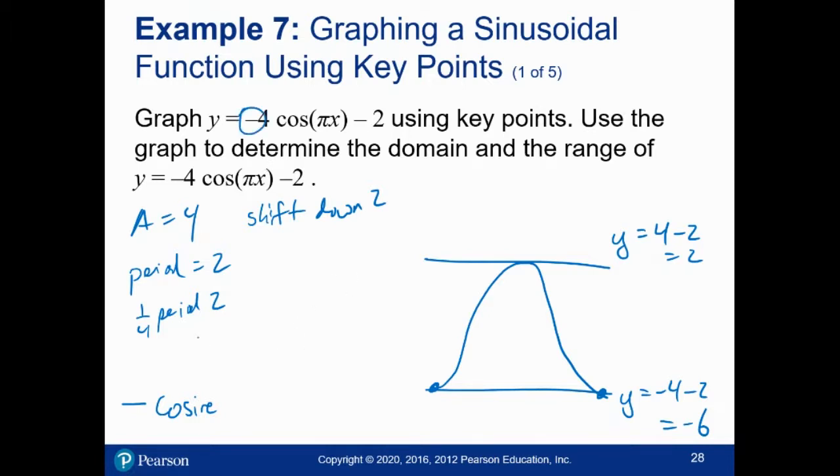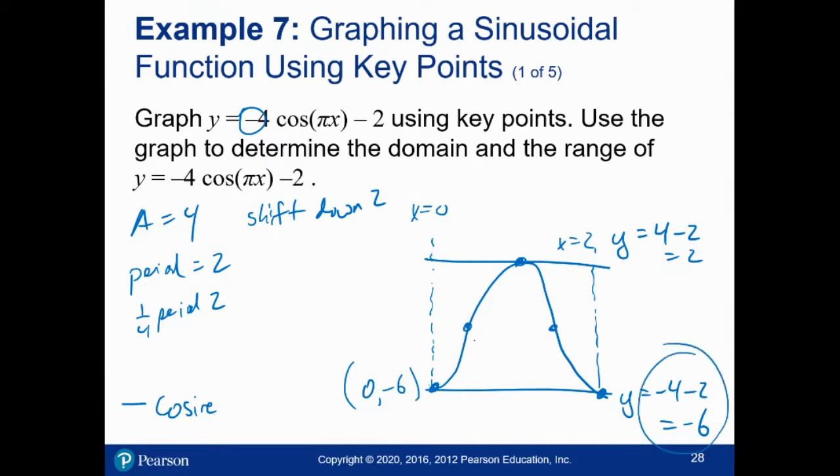The only issue now is what's the period? The period is 2. So I would start this at x equals 0, and I would end it at x equals 2. And then you can label quarter period points as you go. So this is 0, and it's at the minimum value, which is -6, because remember, we did shift down by 2.